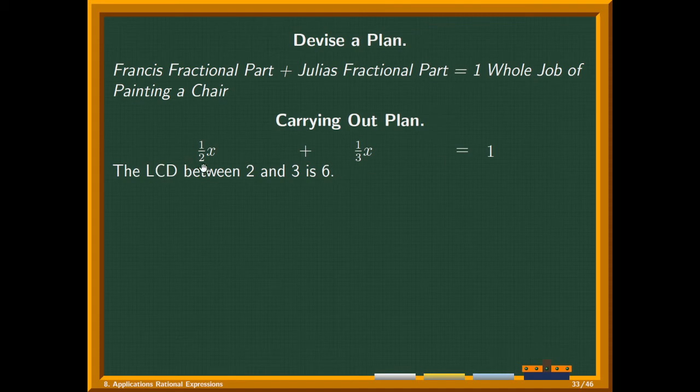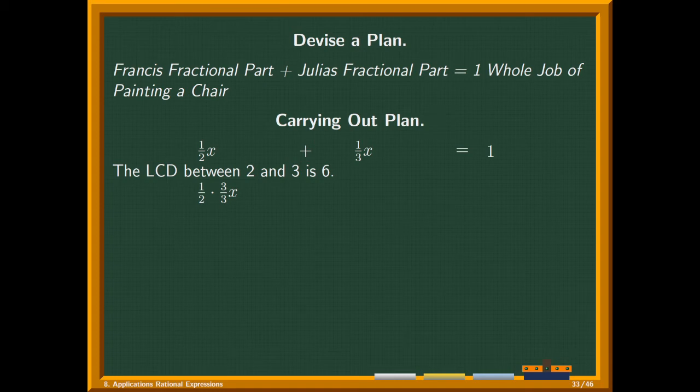So between 2 and 3, the LCD is 6. Both are prime numbers. So the LCD is 6, that is 2 times 3. So here, we need 3 over 3 in order for the denominator to become 6.